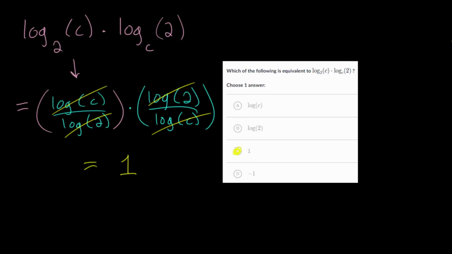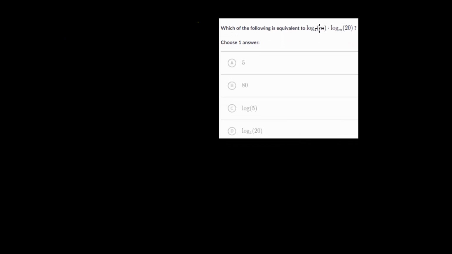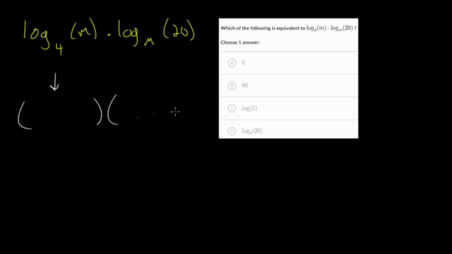So let's look at some different ones, but the strategy for these will be pretty much the same. We're just going to rewrite each of the logarithms using the change of base rule to see if we can make some simplifications. So we have log base 4 of m multiplied by log base m of 20. Now let's rewrite each of them using that change of base rule.